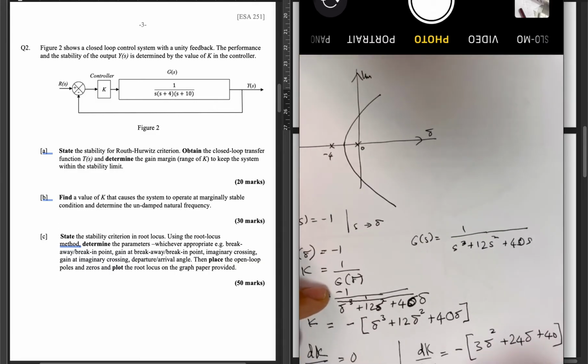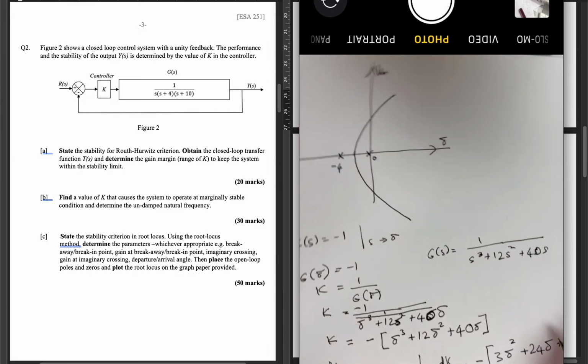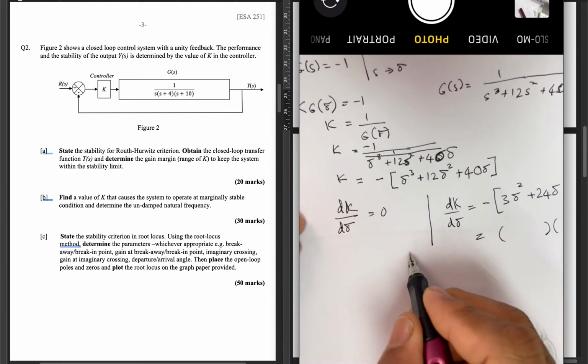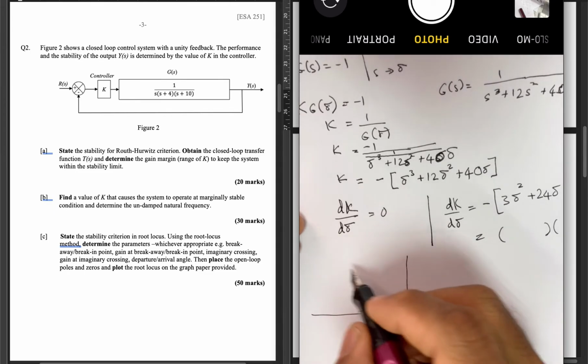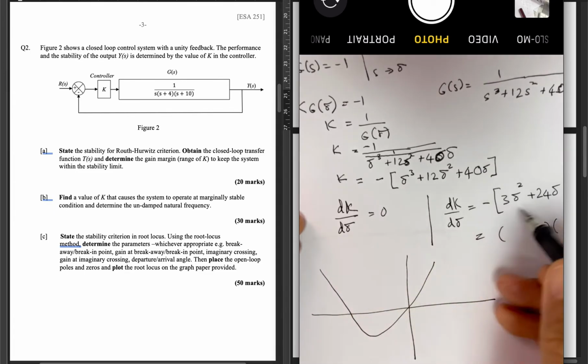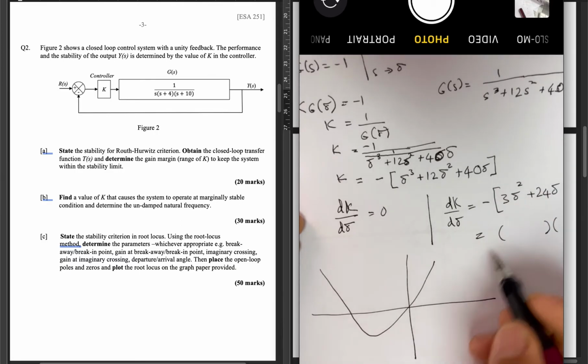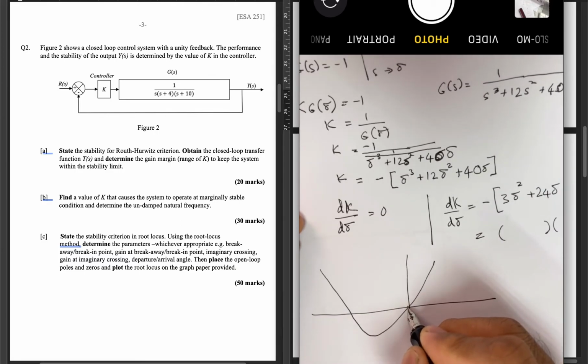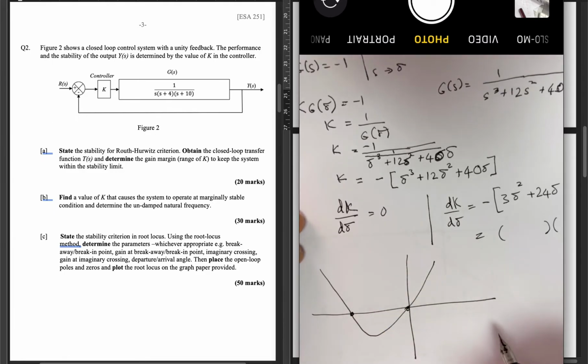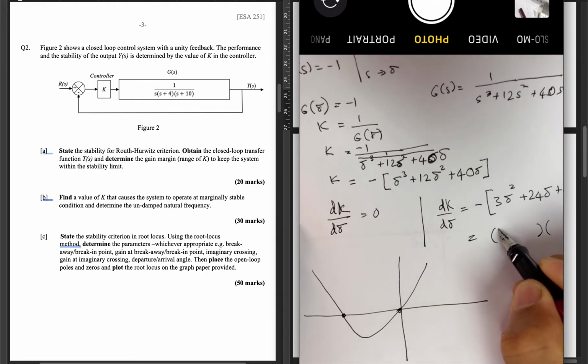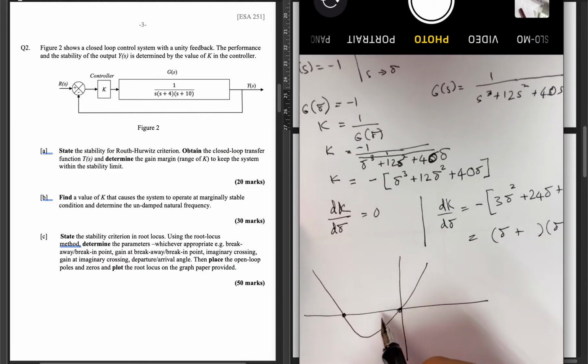Okay, so now we have this, we need to find the roots of this, right? We will find some based on these equations. If we find the roots, that root is actually here, right? So this is first root, the second root, or the value that we have. So it will be somewhere there.